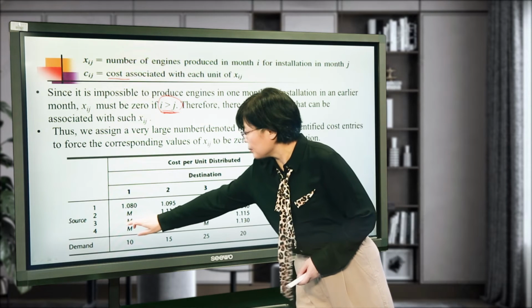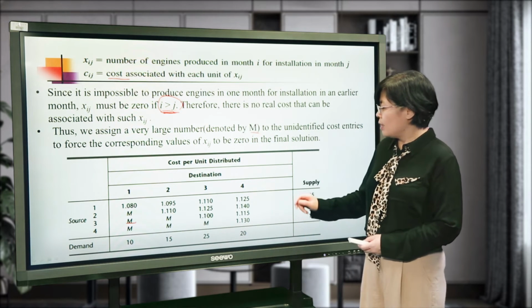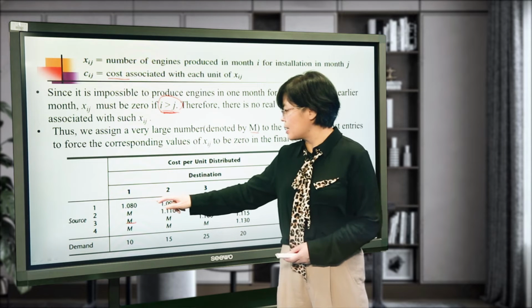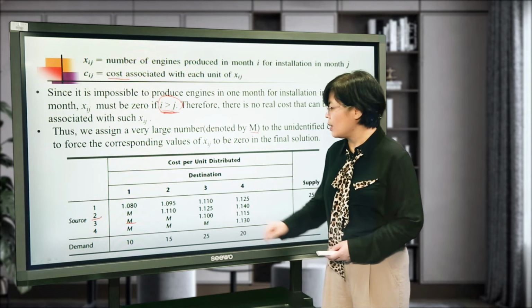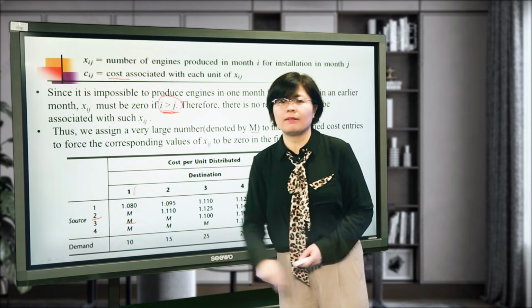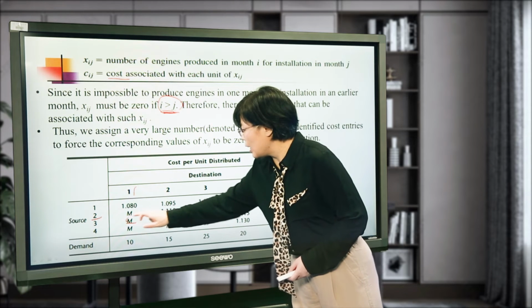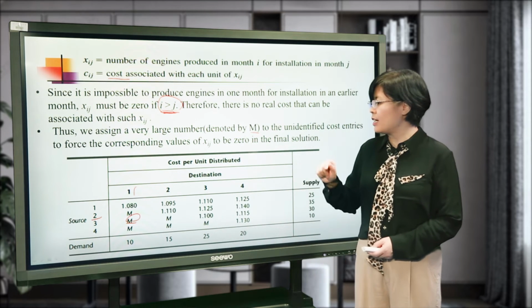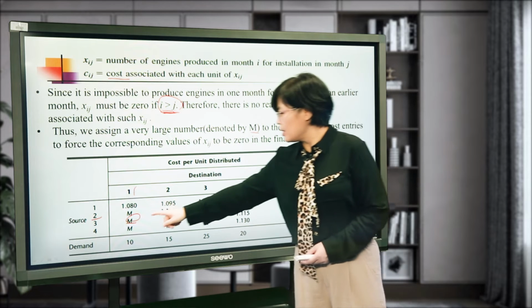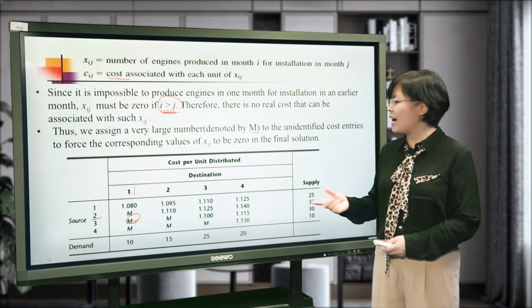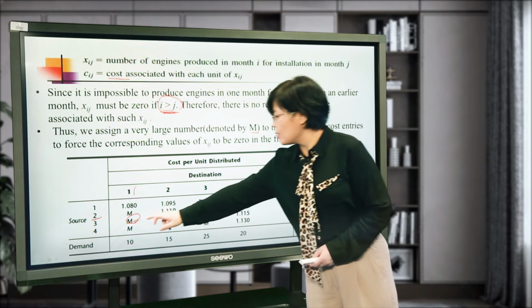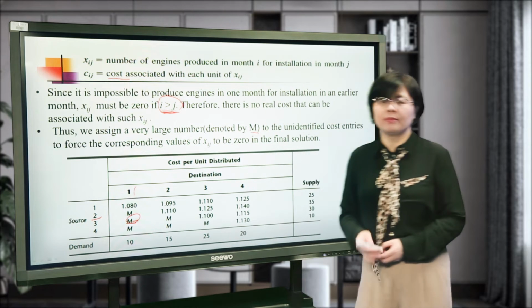Here, we can see that I is 2 and J is 1. So Xij equals 0, and we set the cost to be a very large letter M.